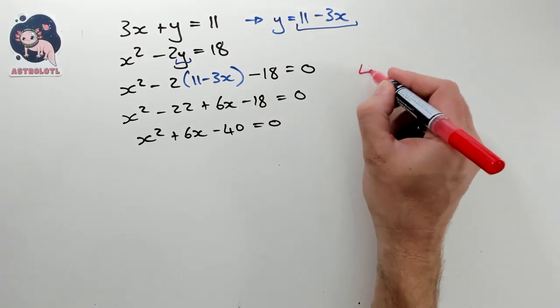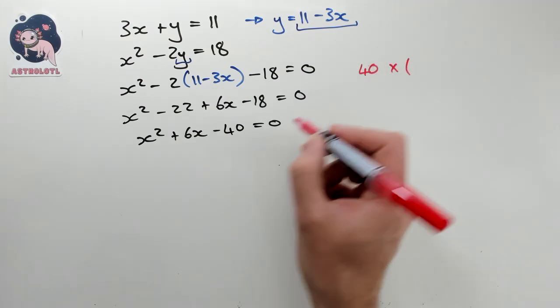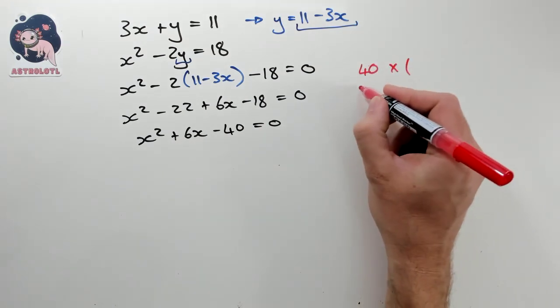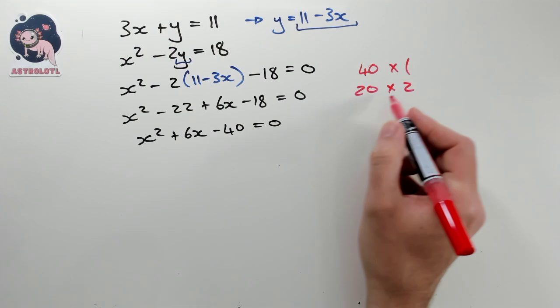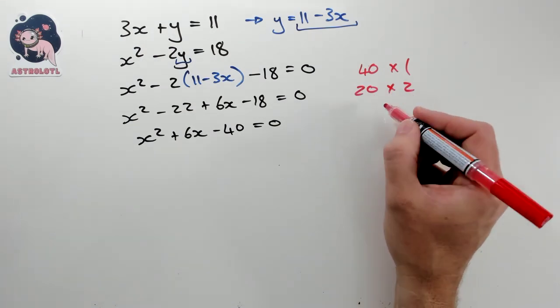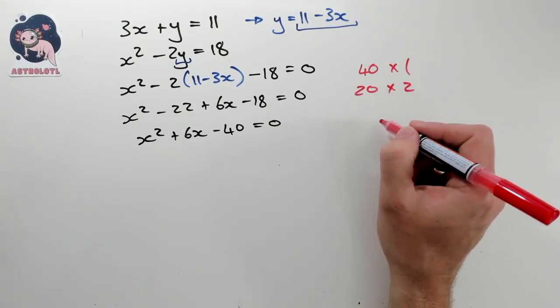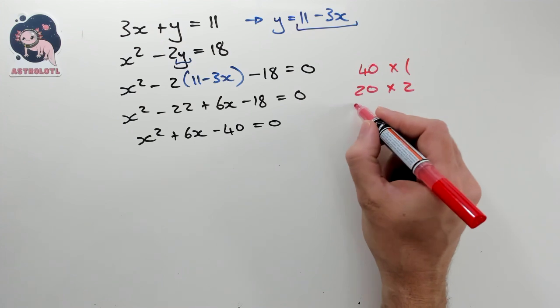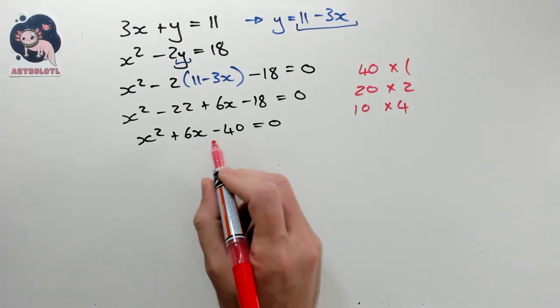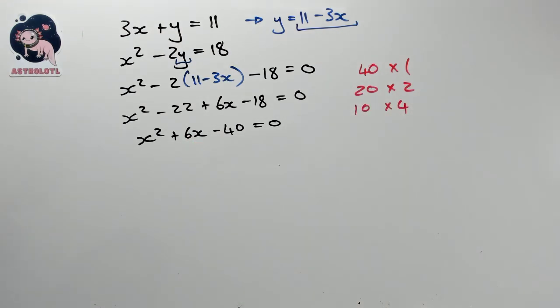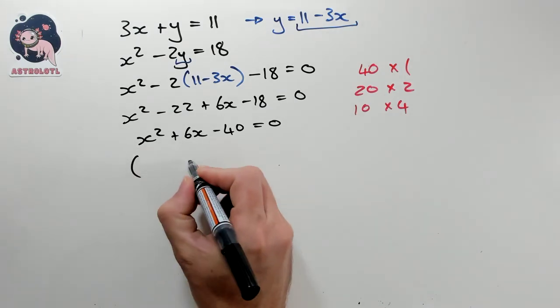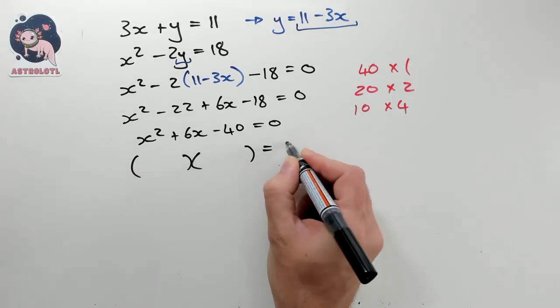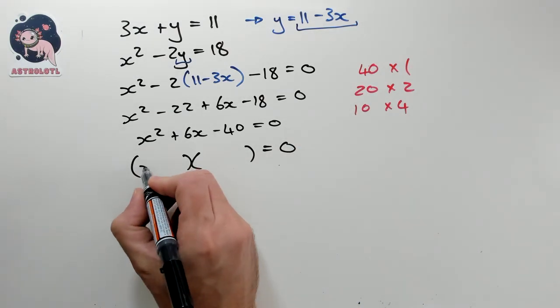So 40, I can get 40 times 1, but that won't give me 6. Maybe 20 times 2, but that won't work. Let's see, what else do we have? 4 times 10, 10 times 4. Yeah, 10 and a 4 can get me to 6, so that should be fine. Yay! I have a love-hate relationship with the quadratic formula.